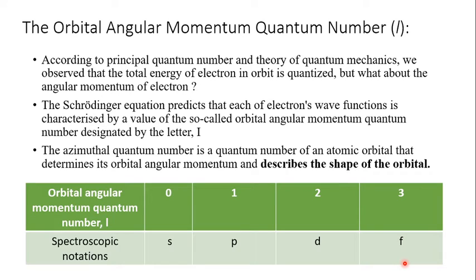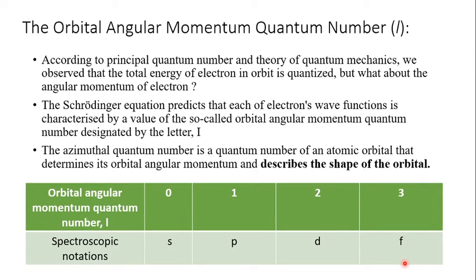But what about the angular momentum of the electron? See, we have assumed that the total energy of the electron in an orbit is quantized, but what about the angular momentum?